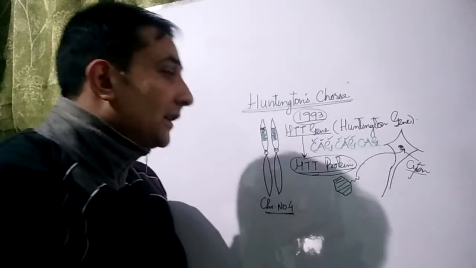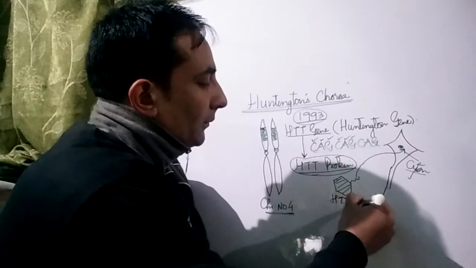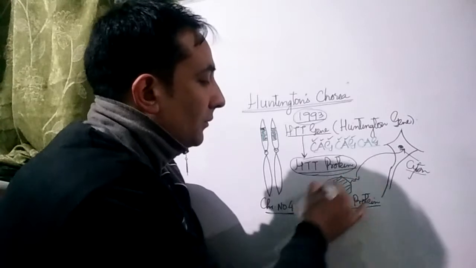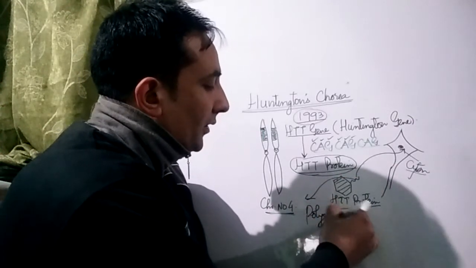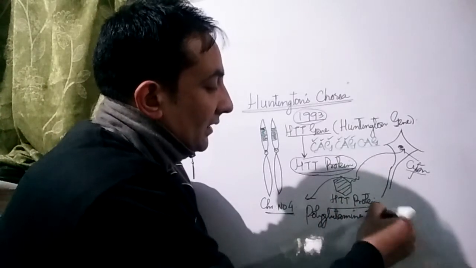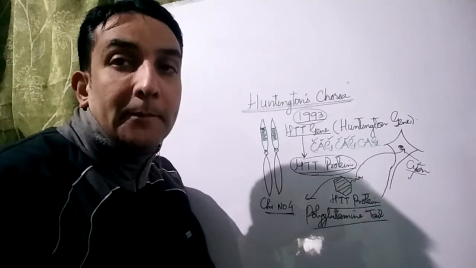But remember over here, this HTT protein has a tail which we call as polyglutamine tail. This is the polyglutamine tail of the HTT protein.